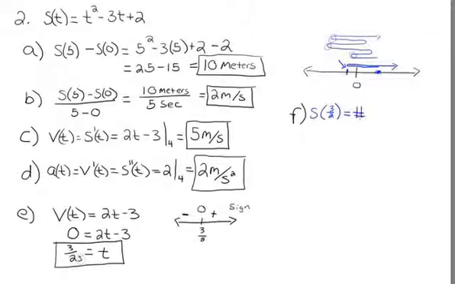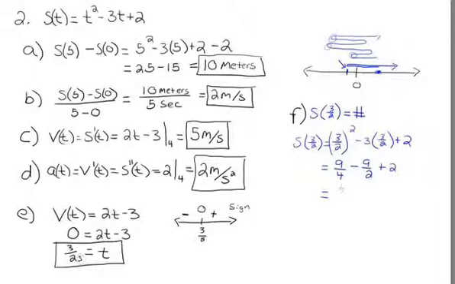A quick calculation here gives me S of 3/2 equals 3/2 squared minus 3 times 3/2 plus 2. 3/2 squared is 9/4, minus 9/2, plus 2. I'm going to get a common denominator across the board.